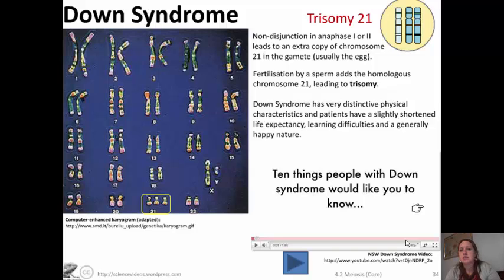And then the fertilization by the sperm is going to add the homologous chromosome number 21, which means it'll have 3 of that chromosome. Down syndrome has very distinctive physical characteristics, and patients have a slightly shortened life expectancy. They have many learning difficulties, but they are generally happy in nature.